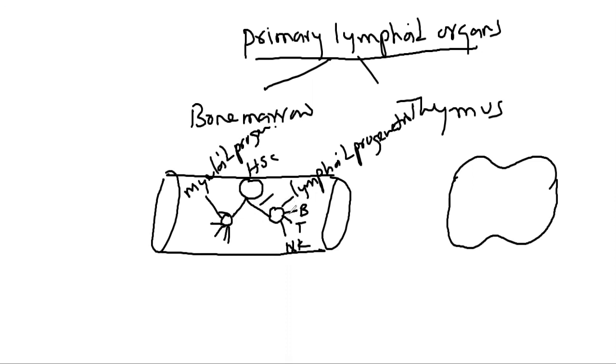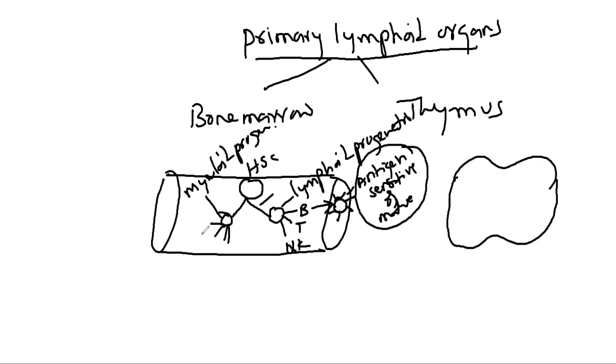So, whether it is a B or T lymphocyte, their formation takes place in bone marrow. In case of the B cell, there itself it undergoes maturation, that is, it develops into an antigen sensitive cell. It develops surface antibodies and becomes an antigen sensitive or mature cell.